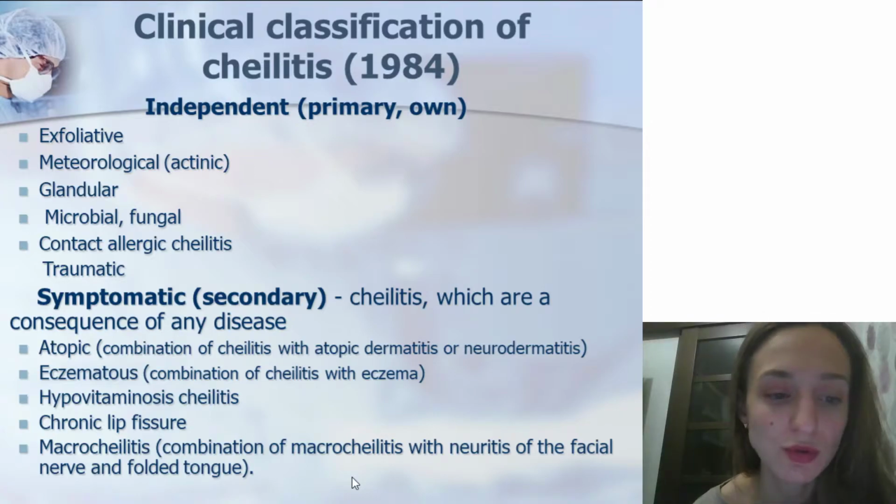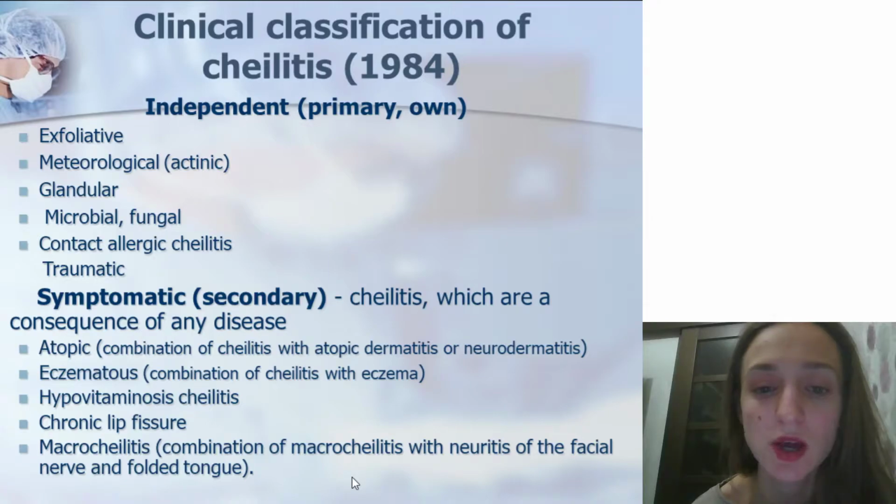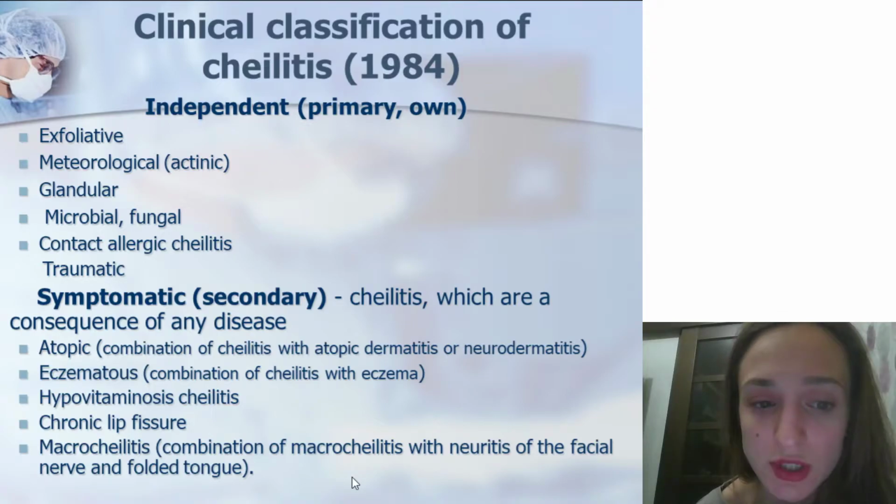So you should know that cheilitis is an inflammatory process of red border, mucous membrane, and skin of lips. And clinical forms of cheilitis are determined by the inflammatory process, character, morphology, and functional features of oral mucosa, labial red border, and skin in children.